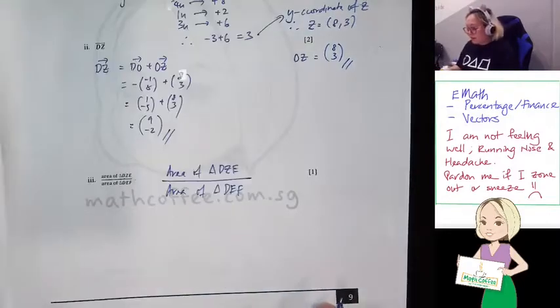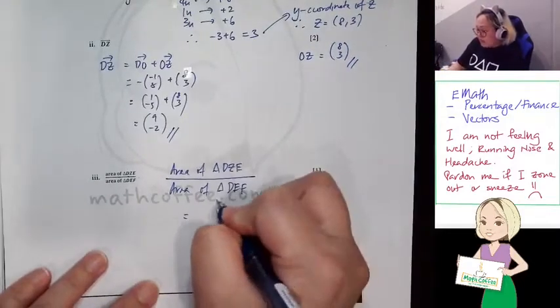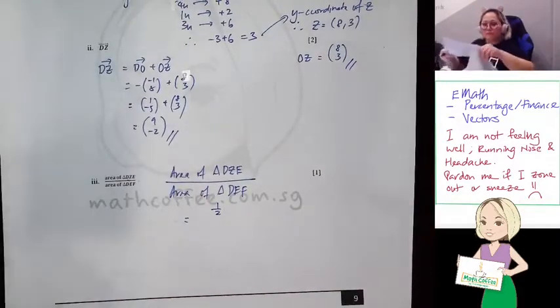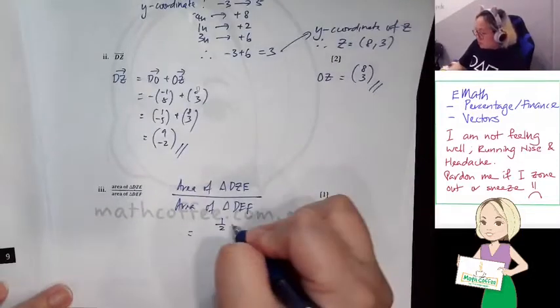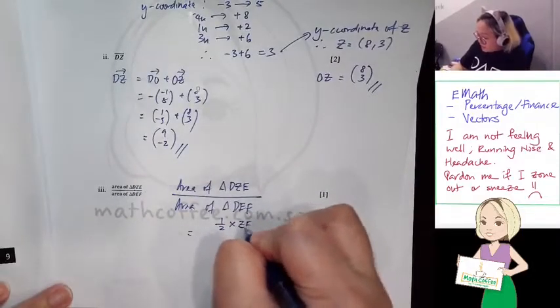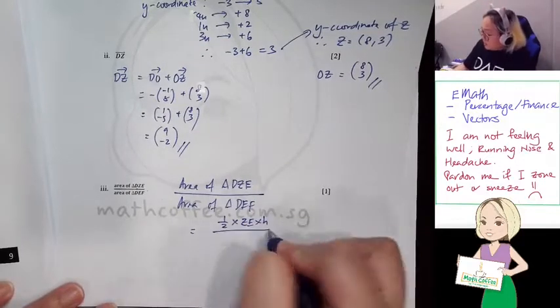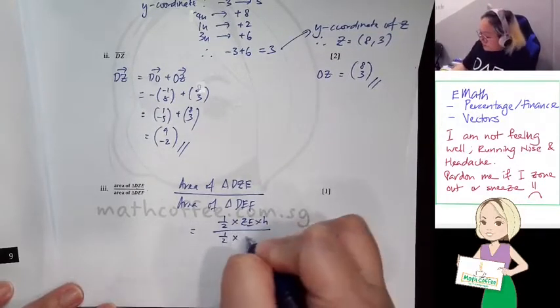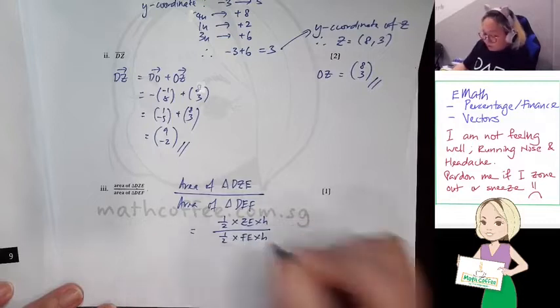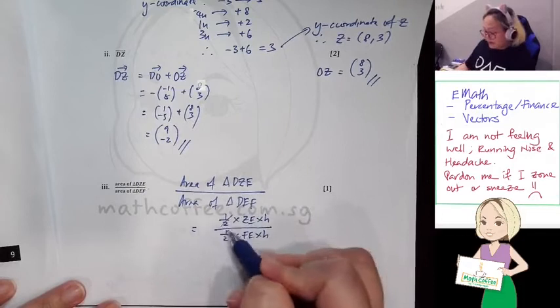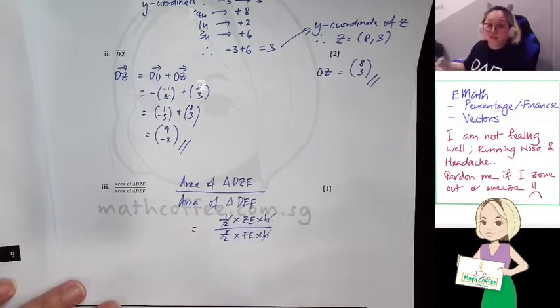So I'm going to write it as half times ZE times the height, which we don't have to find, we just write it as H. Then this one is half times FE multiplied by the height. Because it is half, same, cancel, H also can cancel because it's the same height.